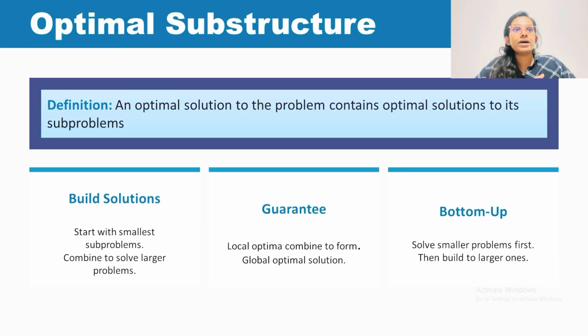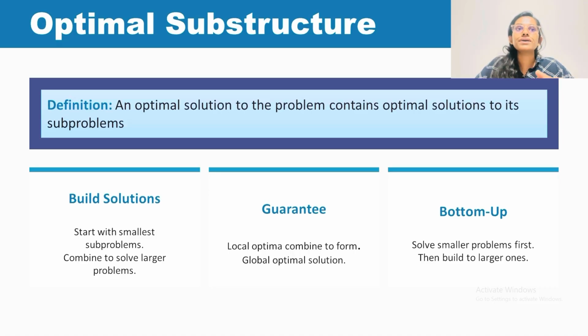The second requirement is optimal substructure. Here's the definition. A problem has optimal substructure if an optimal solution to the problem contains optimal solutions to its subproblems. For example, if you are finding the shortest route from New York to Los Angeles to Chicago, then the portion from New York to Chicago must also be the shortest route between these two cities. This property allows us to build solutions bottom up.